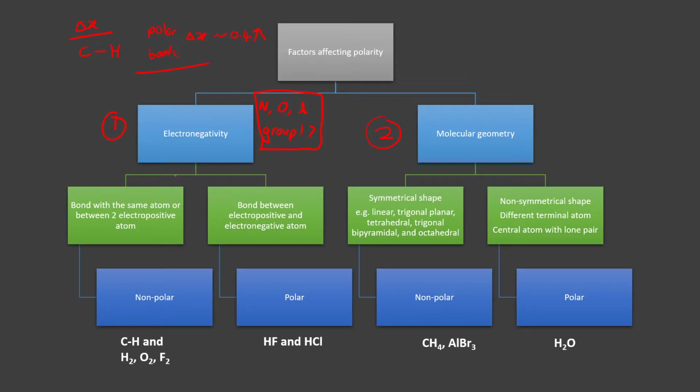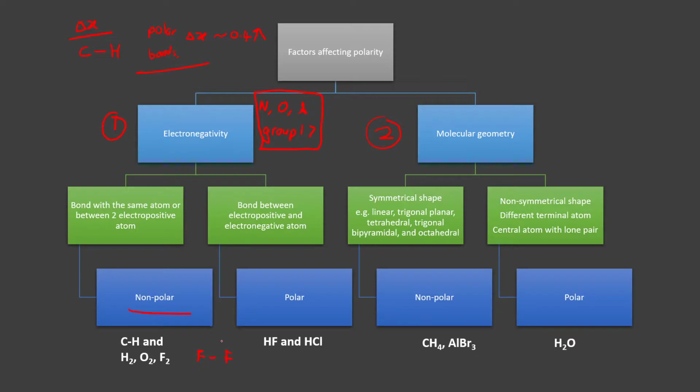Okay. That's kita tengok electronegativity. Kita akan tengok form electronegativity, kita boleh decide the bond is polar ke tak. Okay. Because the first thing kita akan tengok electronegativity, kita akan tengok individual bonds. Okay. So, dia akan jadi non-polar kalau dia contohnya bonded with the same atom. Okay. Contohnya fluorine and fluorine.